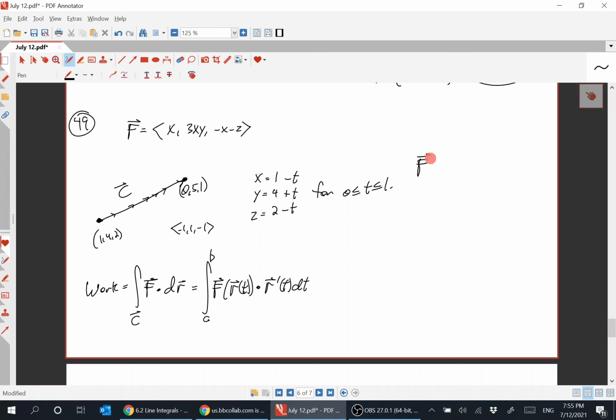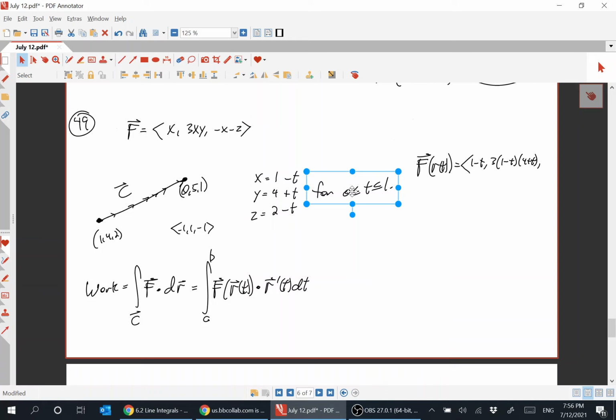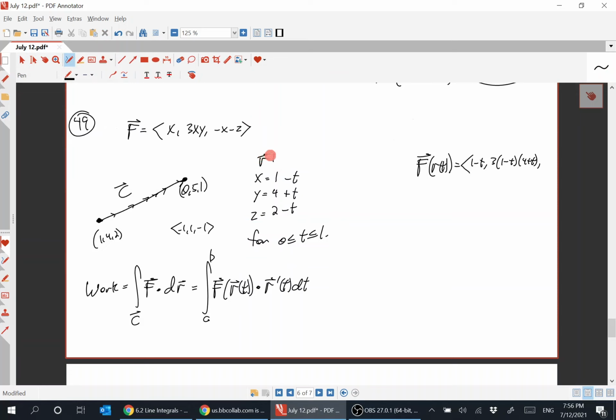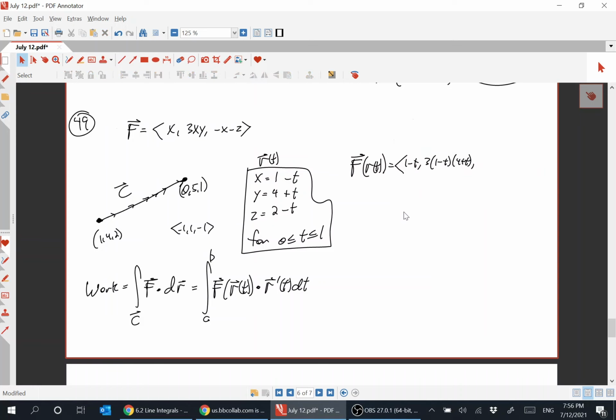So, well, what's f of r of t? F of r of t is equal to x, which is 1 minus t, 3xy, which is 3 times x times y, 4 plus t, comma, and then minus x minus z.